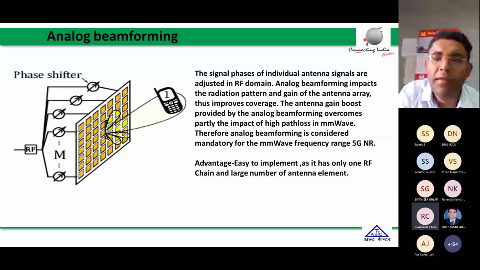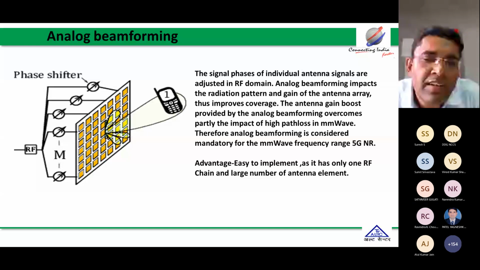Sir, and digital beamforming, yes, please. Sir, in this analog beamforming, the isotropic radiation from each one of the antenna elements is visible to all the elements, but only at some user locations it is getting constructively interfered. Am I right in my understanding, sir? Omnidirectional antenna means?